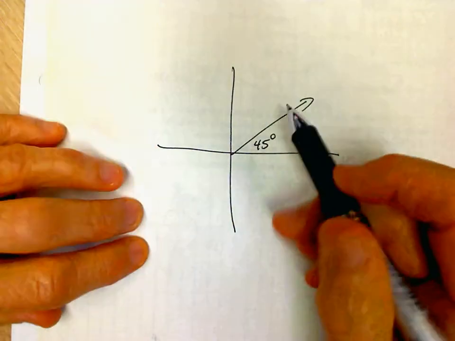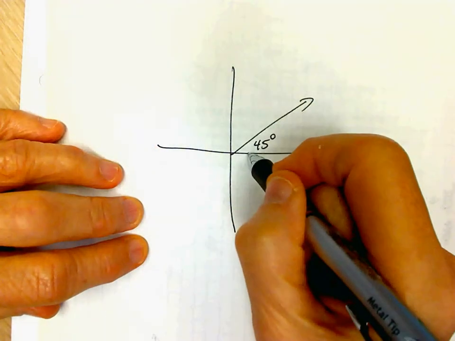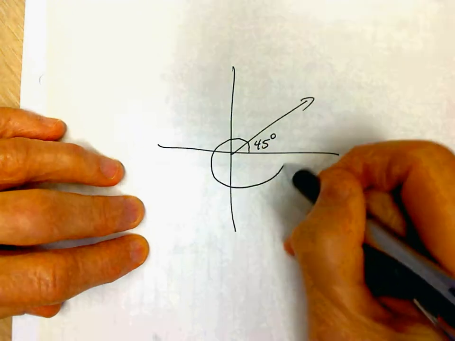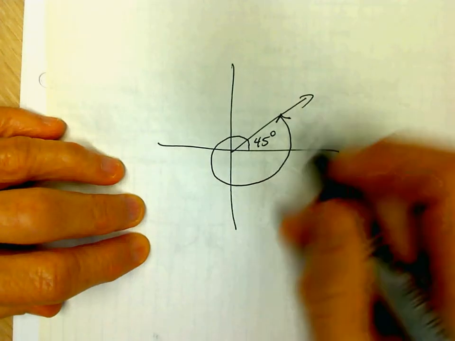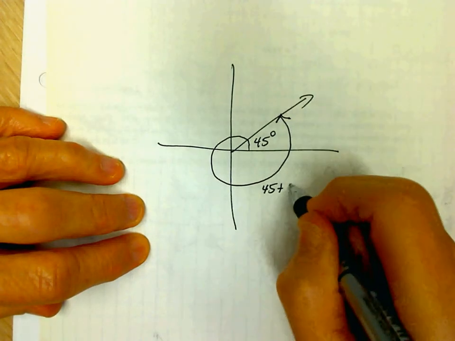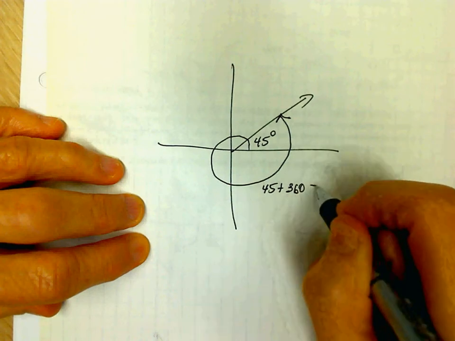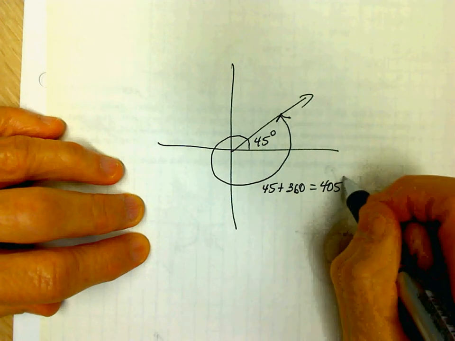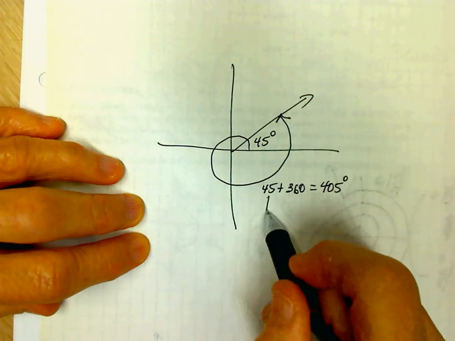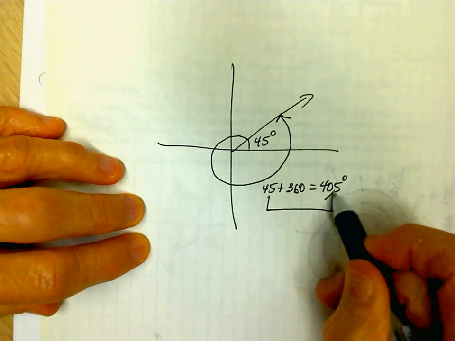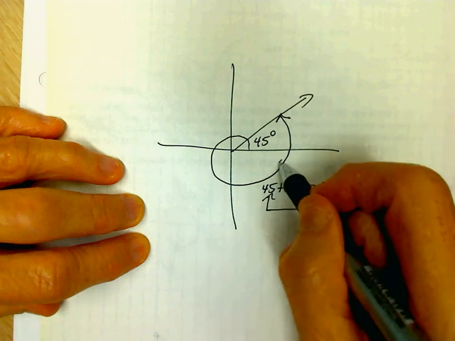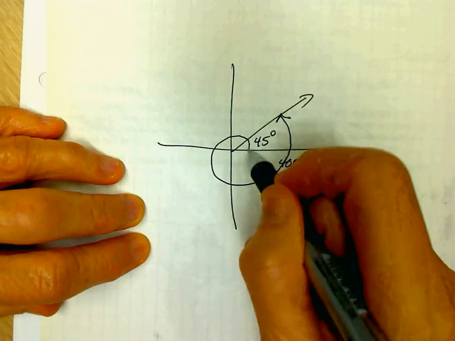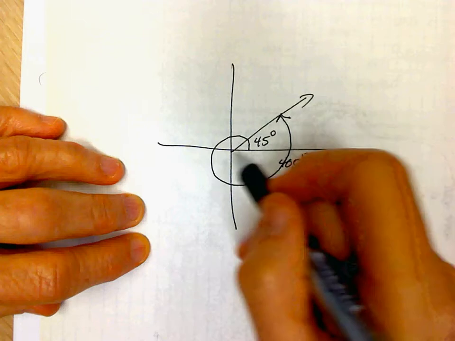If I went 45 plus 360, that equals what? Notice that 45 degrees and 405 degrees have the same terminal arm. That means they have the same trig ratios.